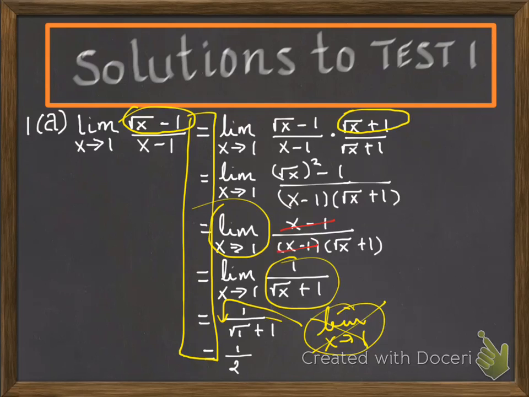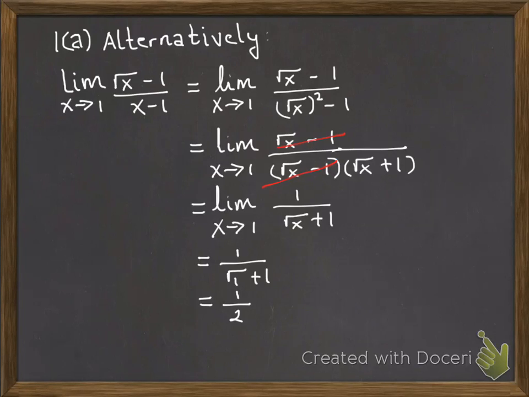Alternatively, instead of using the conjugate, we can rewrite this as an expression which involves the square root of x, so that it looks like the top.